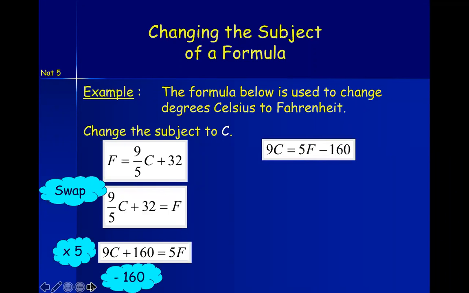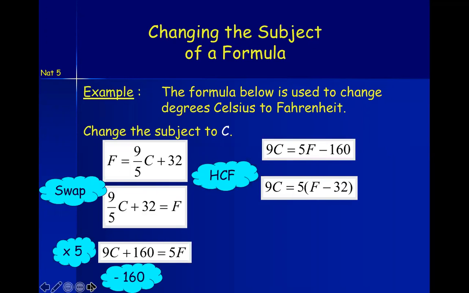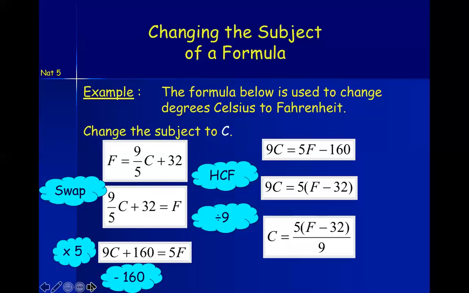Then you take away 160, and after that you factorize that, and then you divide by 9. So have you noticed they added a small layer of difficulty here by forcing you to factorize. You don't have to.